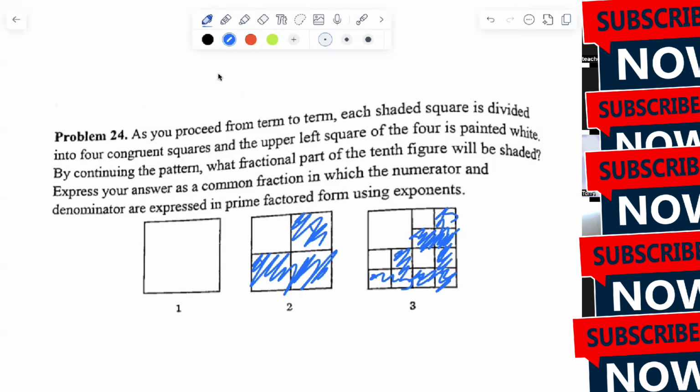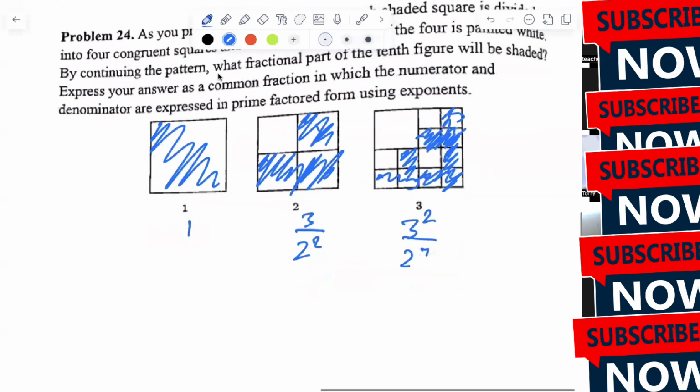Step 1 has 1. Step 2 has 3 divided by 2 squared. This will also be shaded. Then 3 squared divided by 2 to the 4th. So basically 3 to the n divided by 2 to the 2n. That's the pattern. Got that? Wait, actually, it should be 3 to the n minus 1. That's even better.